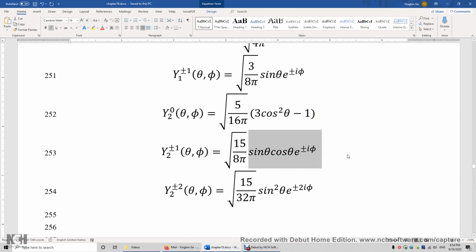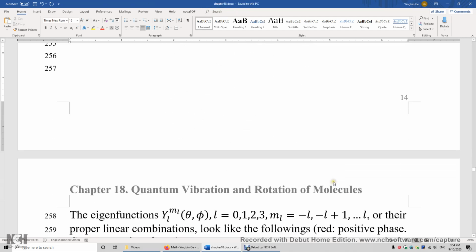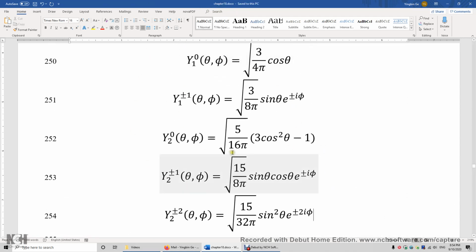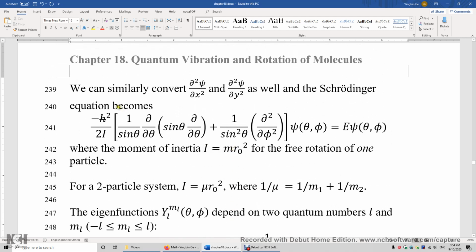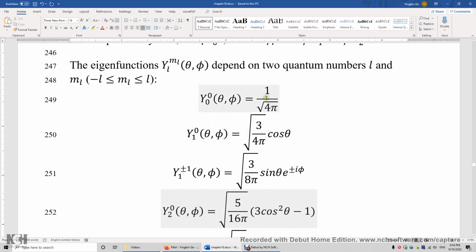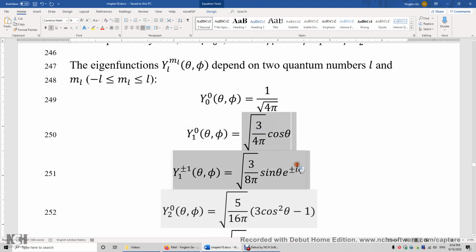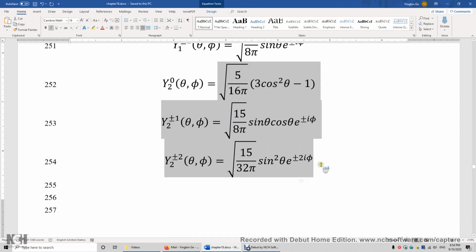Over here, you are looking at the linear combination of xz and yz over r squared. Over here, you are looking at just xy, the linear combination of xy and x squared minus y squared over r squared. So again, these solutions to the Schrodinger equation for the 3-dimensional rotation correspond to the s orbital, p orbitals, and d orbitals.